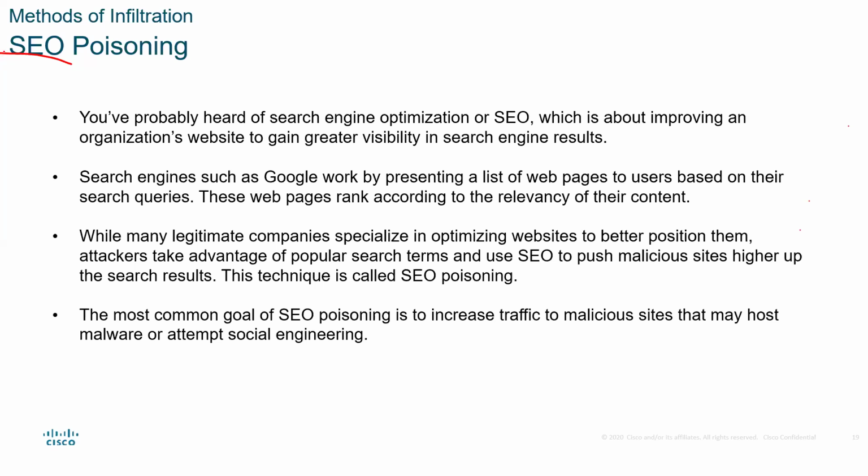Anytime you go to a search engine, maybe Google for instance, and you type in some information, Google brings out results for you. It prioritizes them from top to bottom based on the ones that are closest to your search.